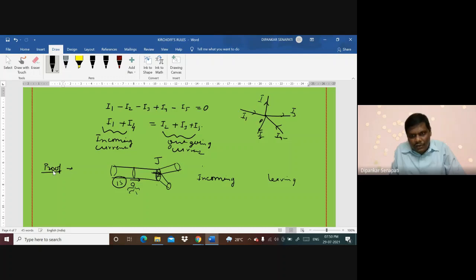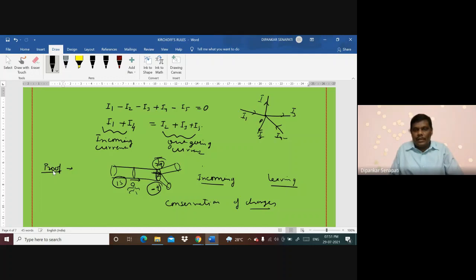If any difference occurs between incoming current and outgoing current or leaving current, it means some charges we are going to add here or some charges we are going to destroy here, which is not possible according to the law of conservation of charges.